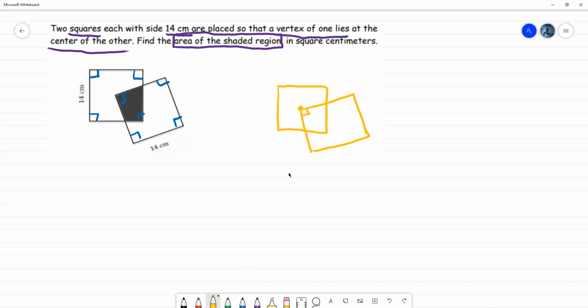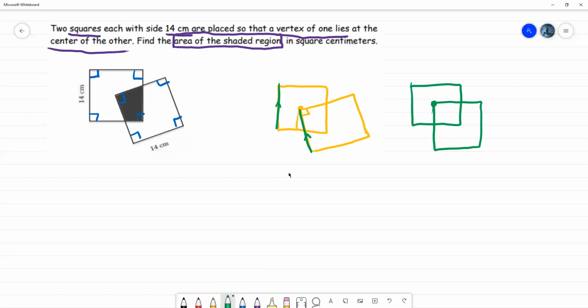So let's assume the square was tilted a little bit to the left so that this line right here would be parallel to this line. If it were tilted like that, the figure would look something like this. Two squares.